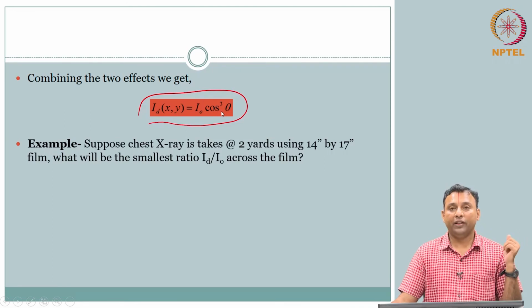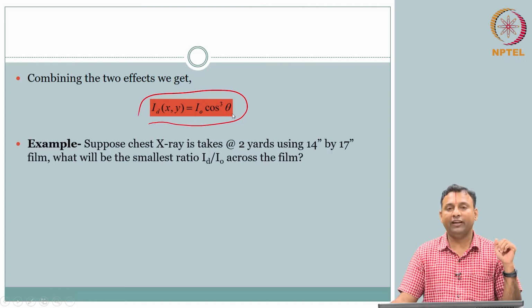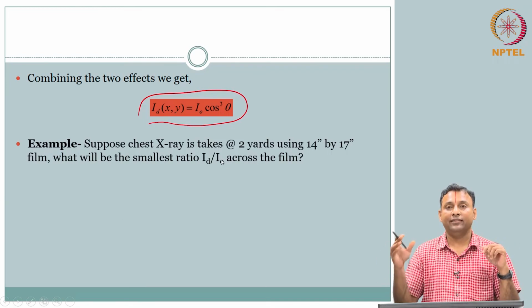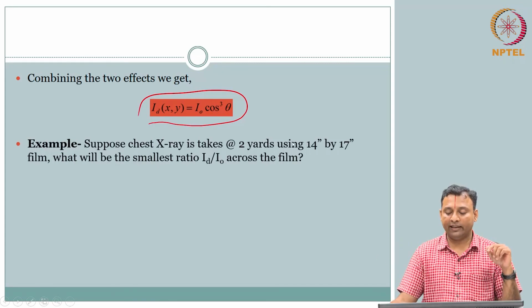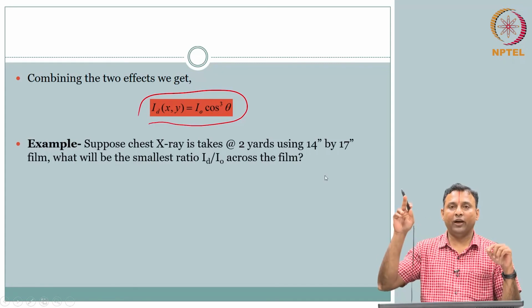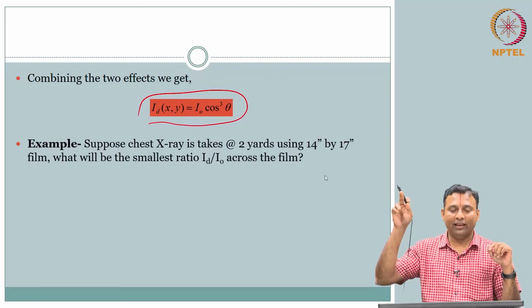So, what is your cos cube theta? First, if you can find this, that is what we want, right. So, what information do we have? We have the dimensions and the distance d. So first identify which is the farthest point from the center. Oh, this is a rectangle. So the farthest point is going to be along the diagonal, that corner.